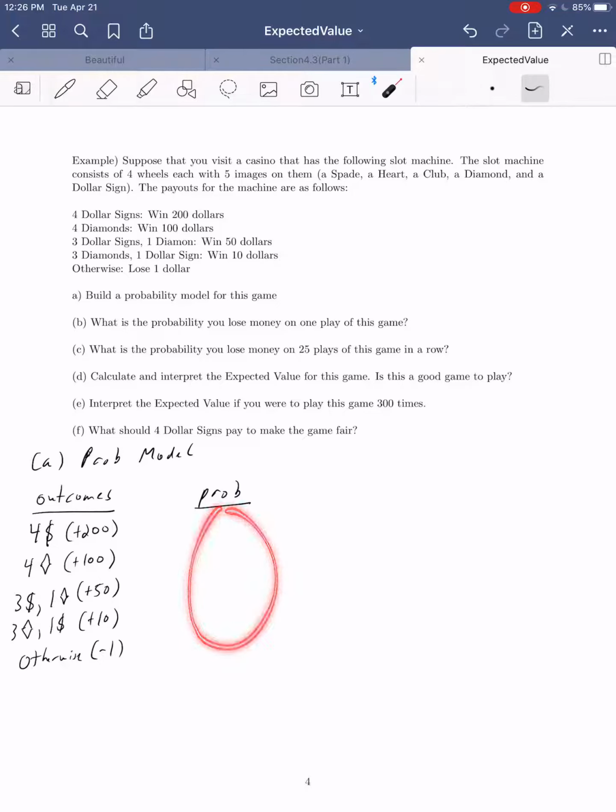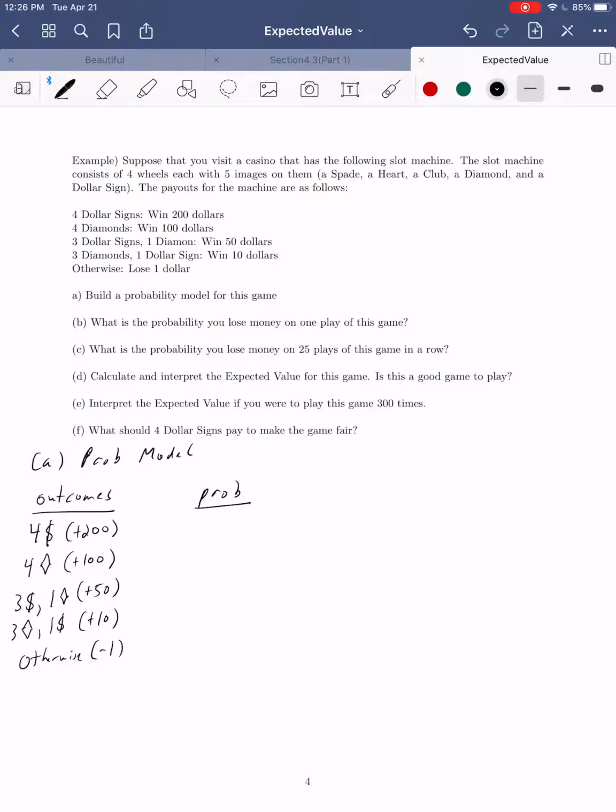Now we need to fill in these probabilities. This is a little bit harder than some of the ones we were doing in the first video, because to calculate these probabilities, we need to know how many different things can happen with these 4 wheels and all these different images. So we're going to use a little bit of our counting stuff.